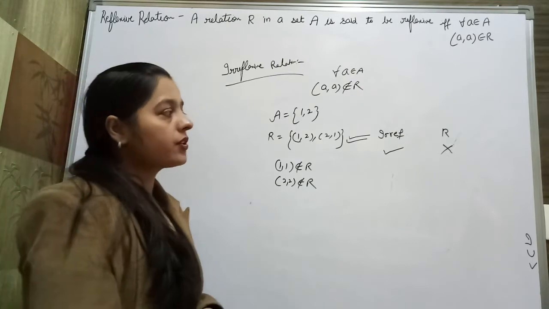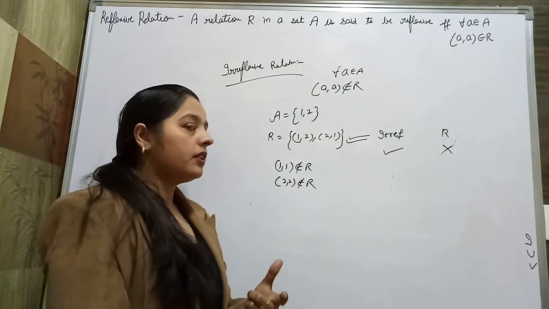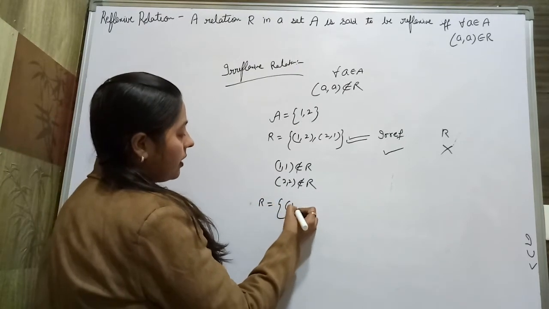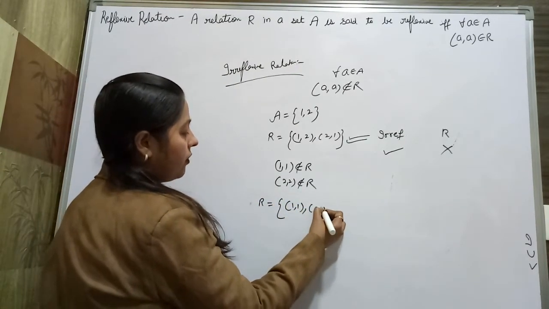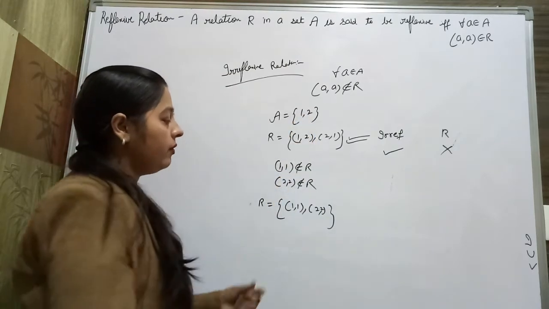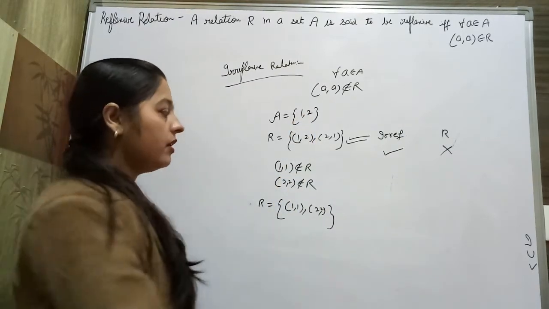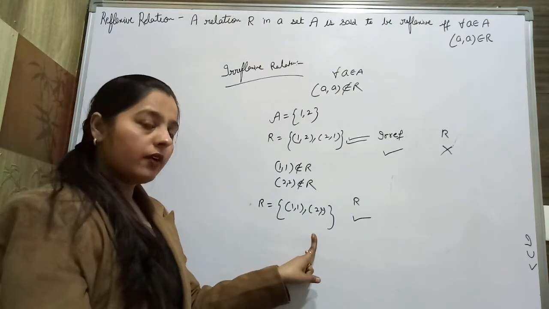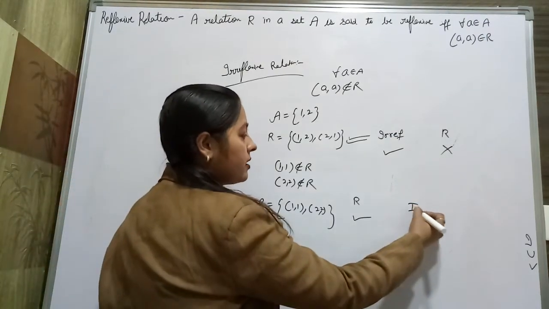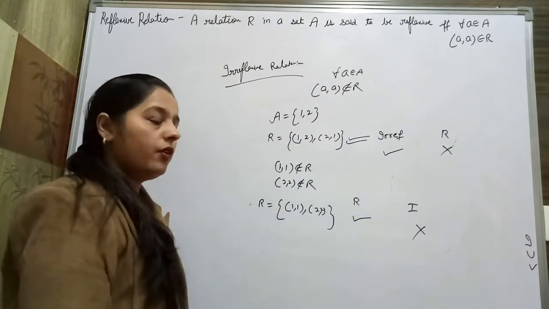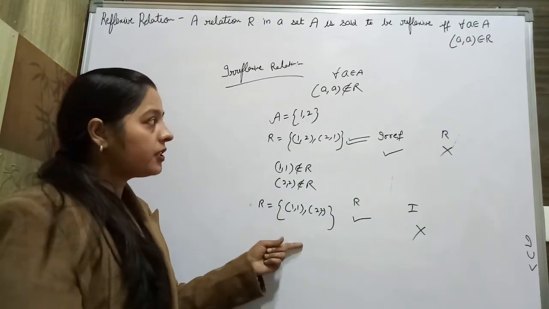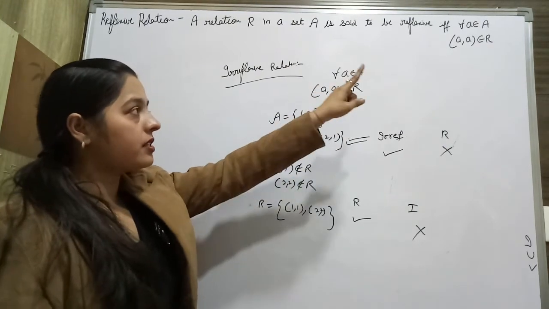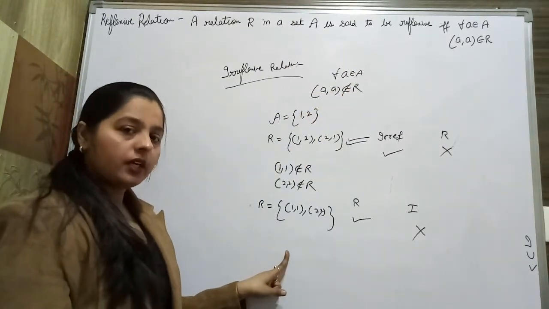But sometimes the relation is reflexive. Then can you say that it is irreflexive? So let us check. If I take this relation for the set containing the same elements 1, 2, is this relation reflexive? For reflexive you may put yes, this relation is reflexive. Is this relation irreflexive? You may say no. Because for irreflexive, (a, a) does not belong to R, and for reflexive, (a, a) must belong to R, right?